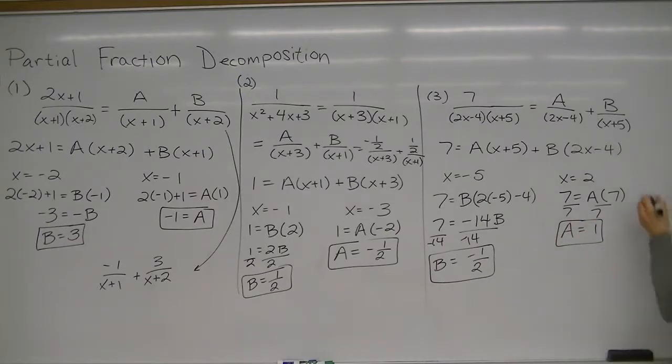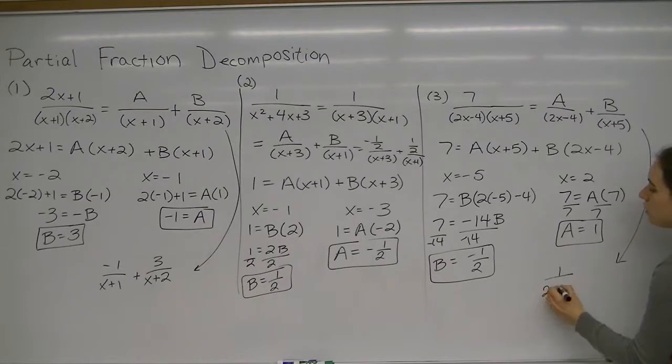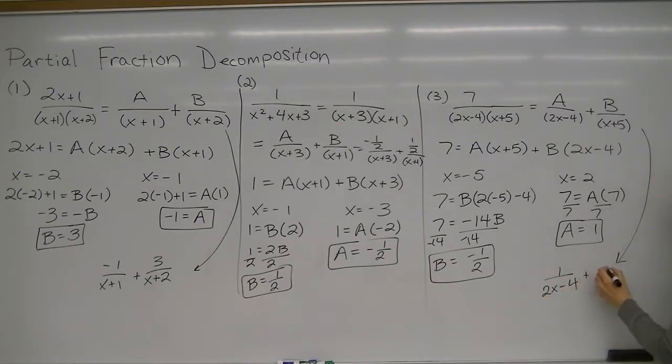So to write our partial fraction decomposition here, we get 1 over 2x minus 4 plus negative 1/2 over x plus 5. There we go. So that this is equal to that once we find a and b.